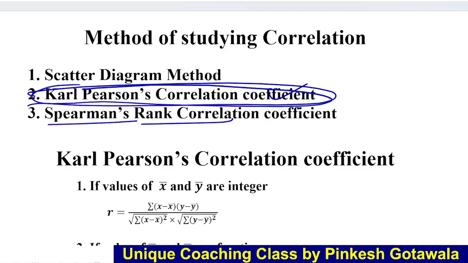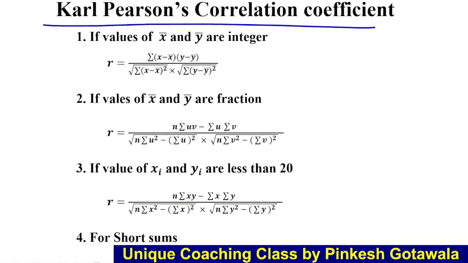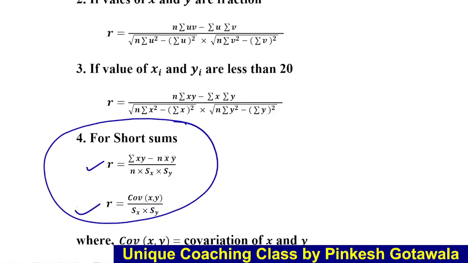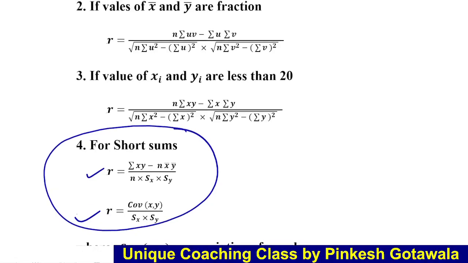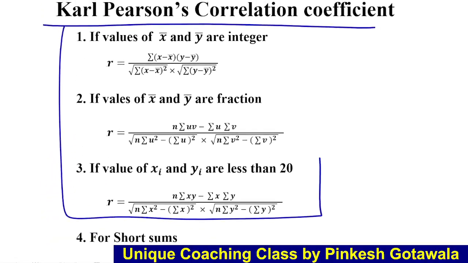Now here we come to know that we have to find the correlation coefficient with the help of the Karl Pearson method. I told in a previous video there are a total of 5 formulas, and the fourth and fifth formulas are specially for short sums. In a long sum we normally use these three, first, second and third. Now which formula should we apply, I also explained in a previous video.